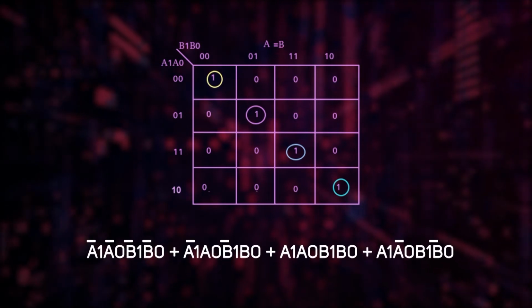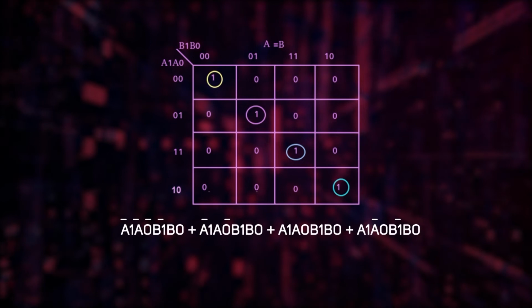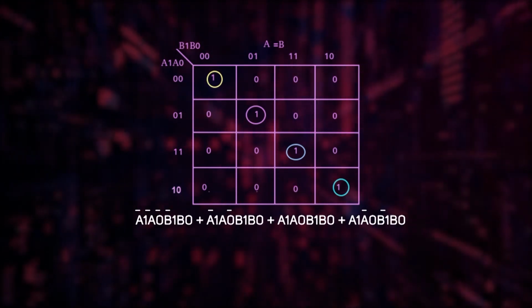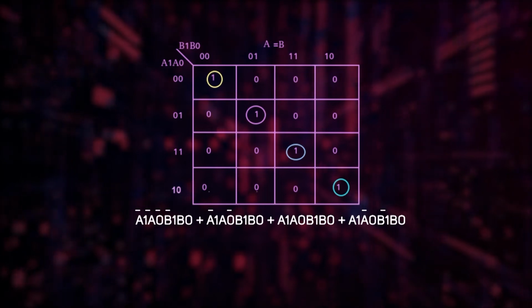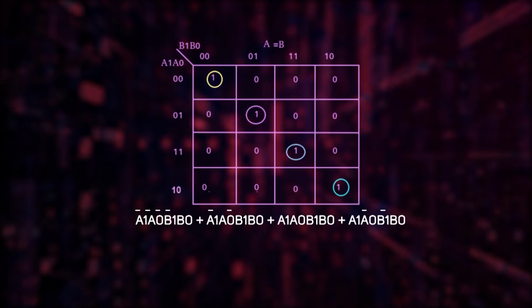We can again simplify this Boolean expression by introducing the XNOR function. A1 complement B1 complement is taken out from the first two terms and A1 B1 from the last two terms.